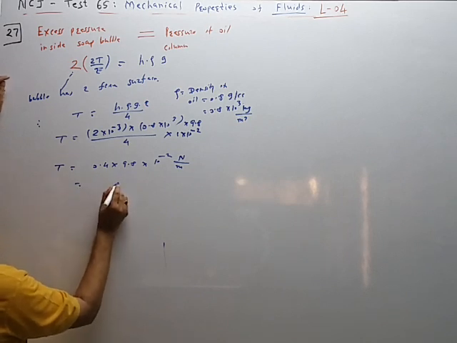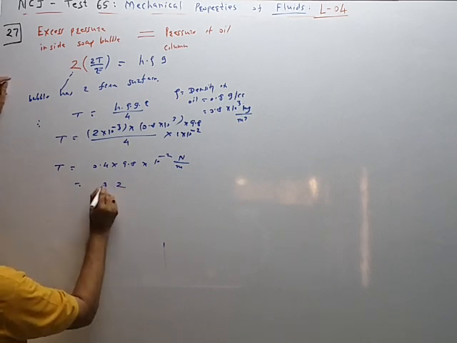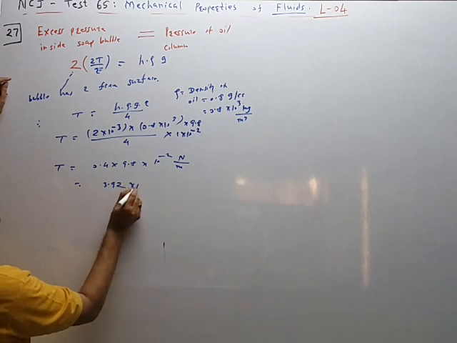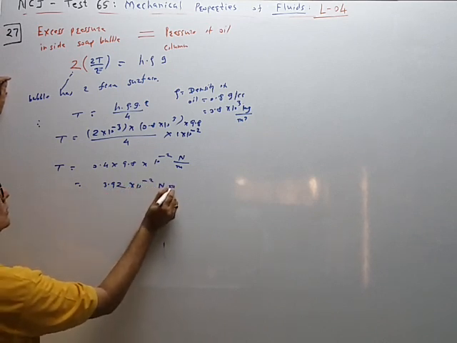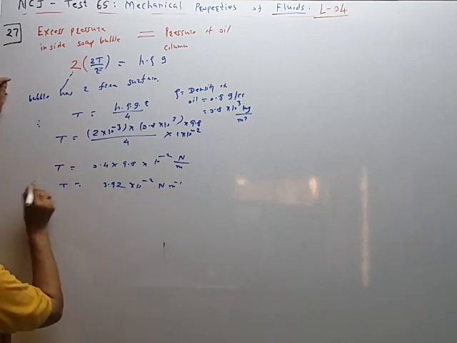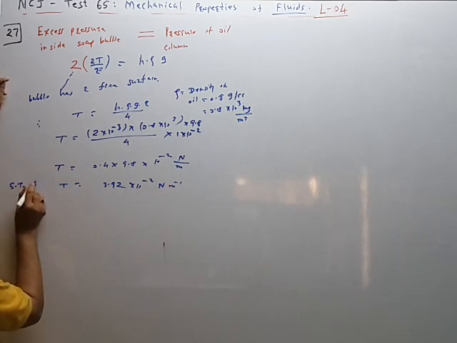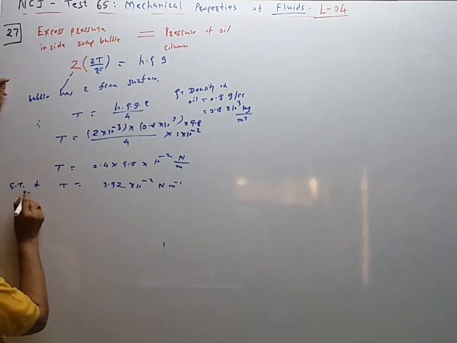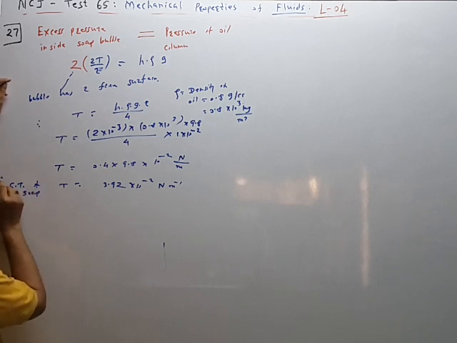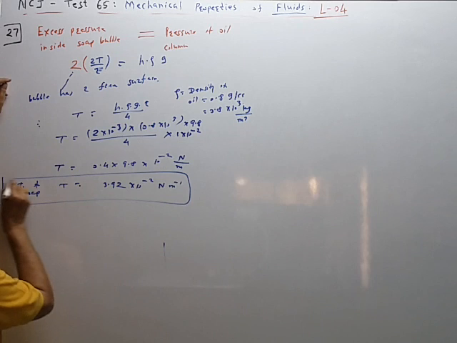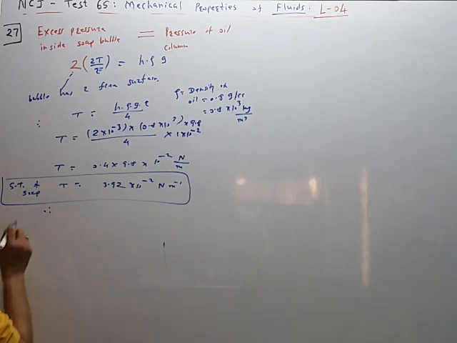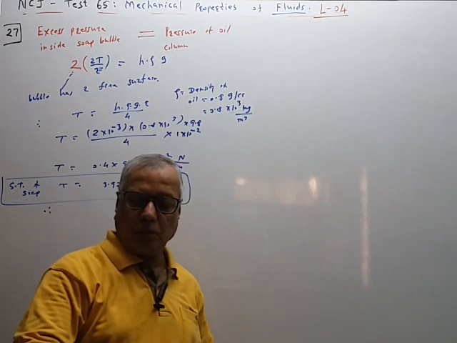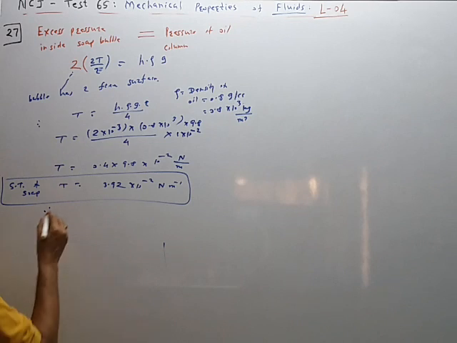So that is equal to 3.92 into 10 raised to minus 2 Newton meter raised to minus 1. So the surface tension of soap is this, so the correct choice is C. Therefore C is correct.